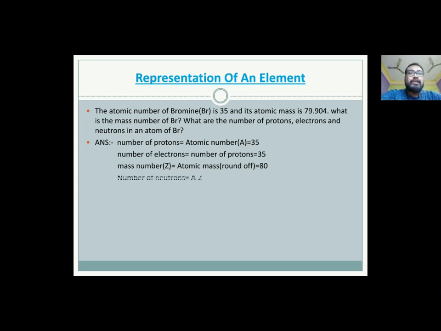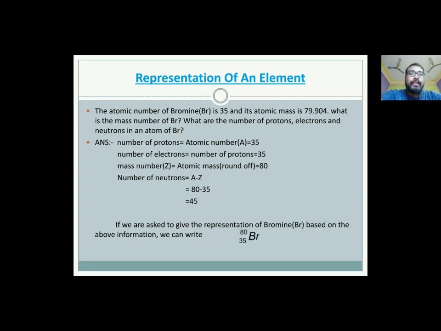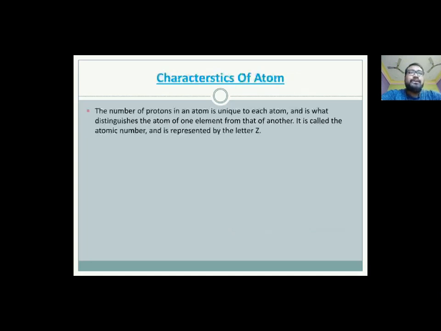So we get the number of protons and electrons as 35, and the number of neutrons as 45, which is 80 minus 35, that is 45. So if we are asked to give the representation of bromine based on the above information, we can write it like this: 80Br35.